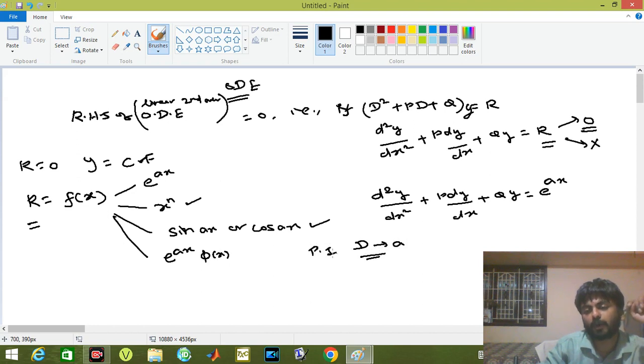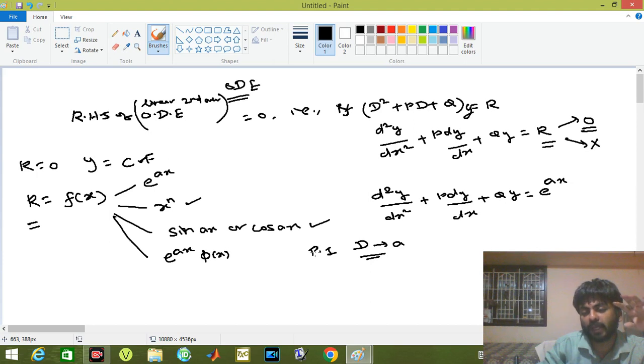I am speaking about only the particular integral. Already you know what to do for the complementary function. The complementary function can be found from the auxiliary equation, whereas the particular integral has different procedures.